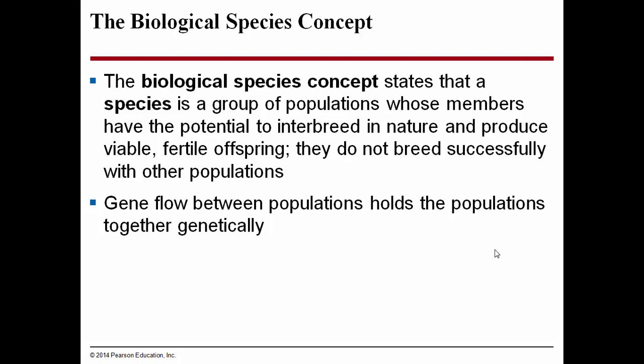Gene flow between populations holds the populations together genetically. If there is no gene flow, those populations begin to become distinct, and if they become more distinct over time through the various processes that we will describe in this chapter, then they can become different species.